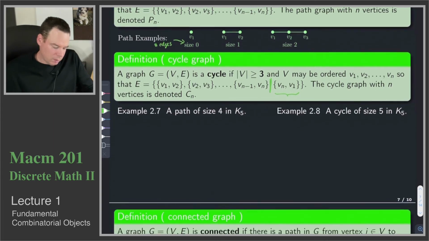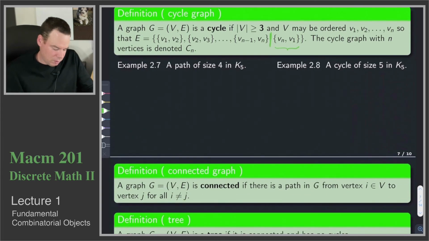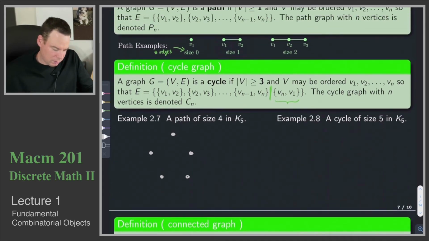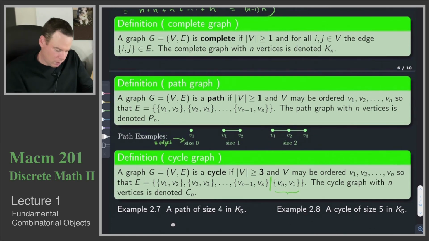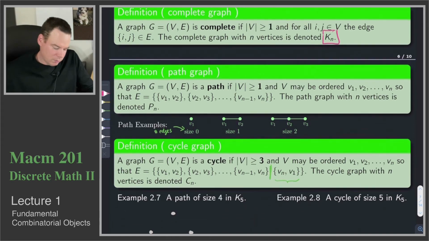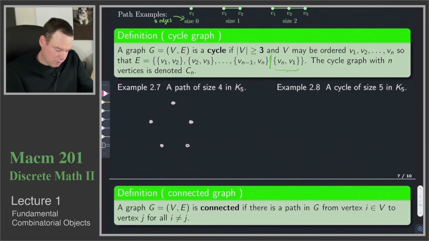So let's bring all of these definitions into the next couple of examples. We want to find a path of size 4 in K5. So what is K5? K5 is the complete graph on 5 vertices. That was introduced right up here. We denote the complete graph on n vertices by Kn. So K sub 5 is the complete graph on 5 vertices. It means that we've got 5 vertices, 1, 2, 3, 4, 5, and every edge is in our graph.